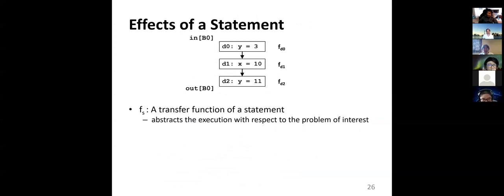First of all, let's look at what the transfer function means. Imagine that the basic block B0, or whatever Bx, has some information about uses or definitions or any other data flow problem. This is my input vector. Then every statement can change the information that comes from the input.